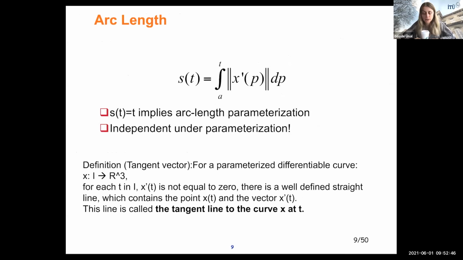We can define arc length. Arc length means I have a curve. It can be closed, but typically we talk about closed curves. Start at some point here, called A, but it could be 0.